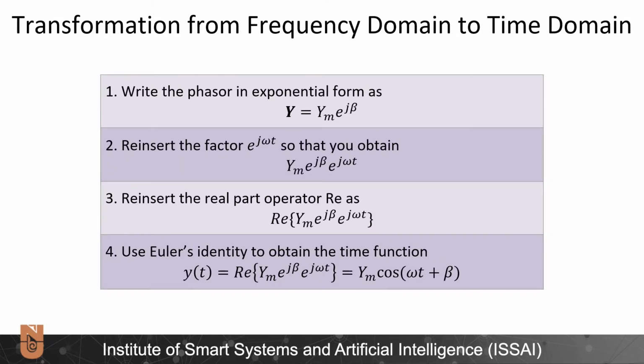Similarly, we can do the transformation from frequency domain to the time domain for a phasor given as Y is equal to Ym times e to the j beta, and here I end up with the amplitude and phase with a cosine function. However, the only thing which I don't know is the omega, because the radian frequency information is not provided in the phasor notation.